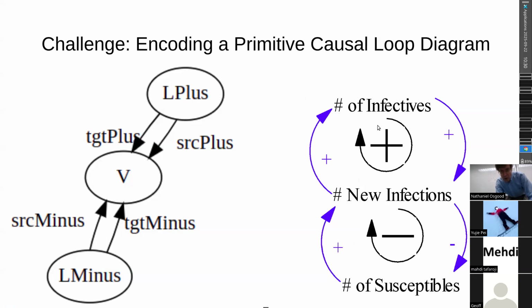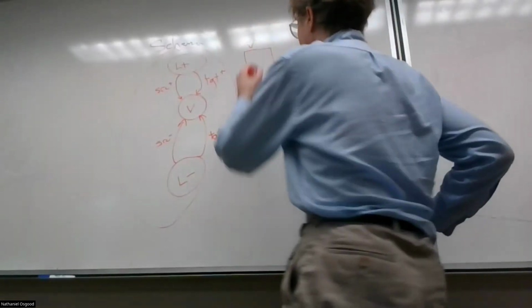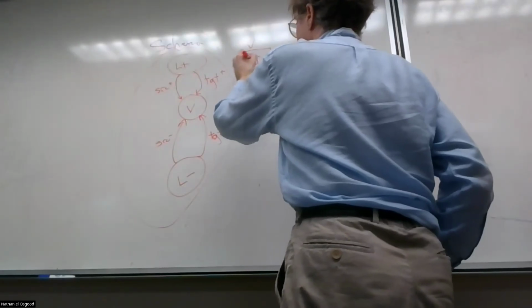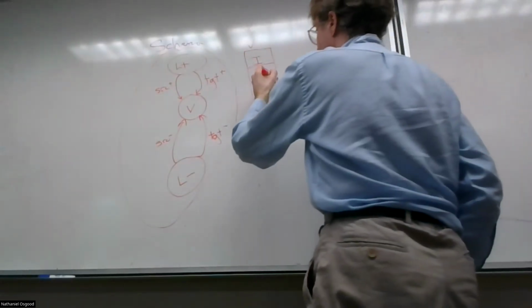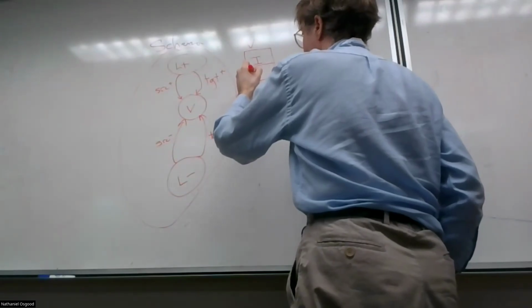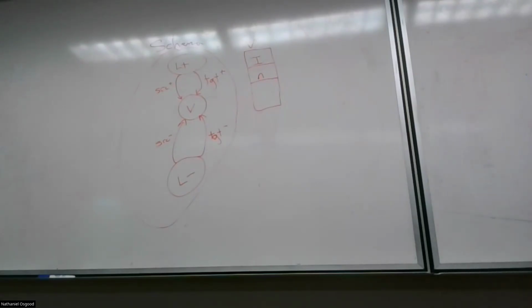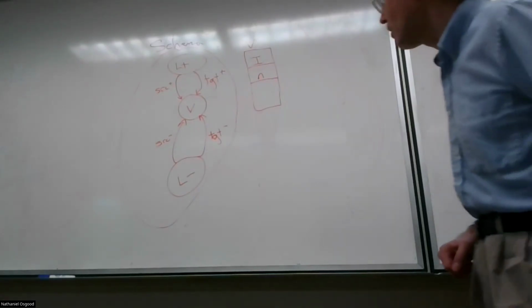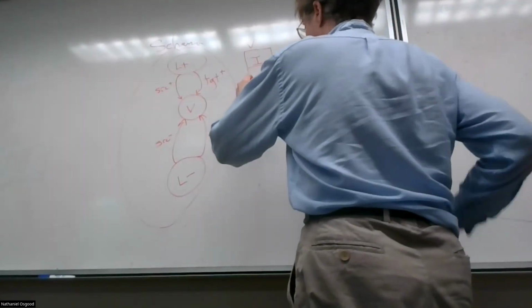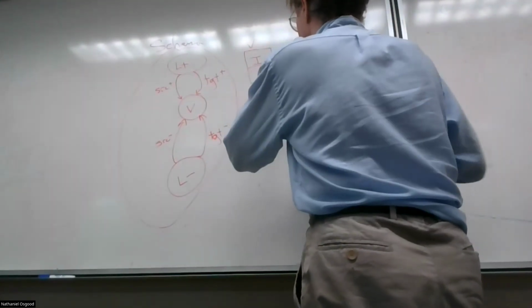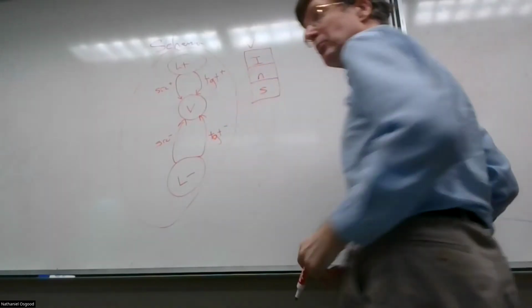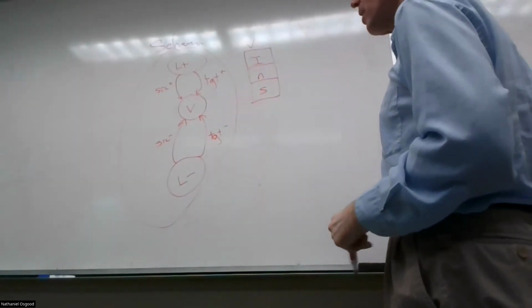So I'll call them infectives, new infectives, and then number of susceptibles. Are we okay with this? Okay, so that's our V.